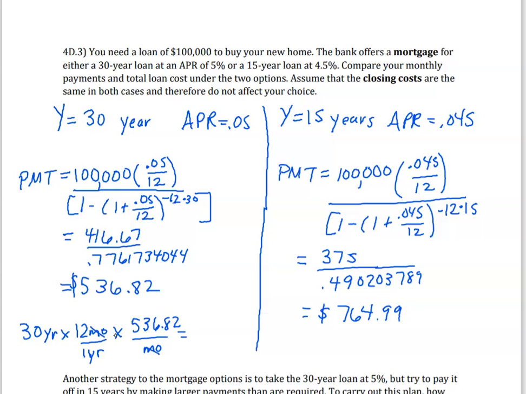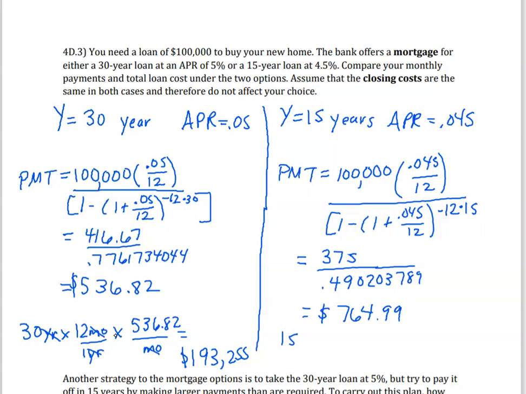Okay, so you can see as we use the strategy we used at the beginning of the semester, 30 times 12 times 536.82, we're getting $193,255. So that's for the 30-year, what we would end up paying for our $100,000 that we took out.